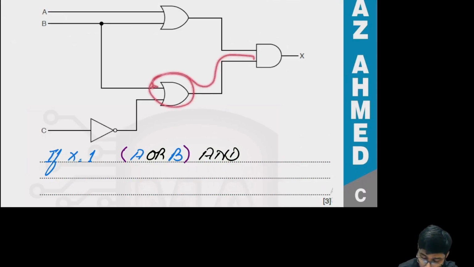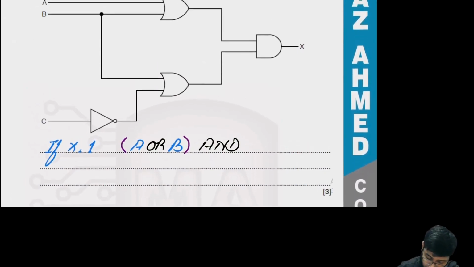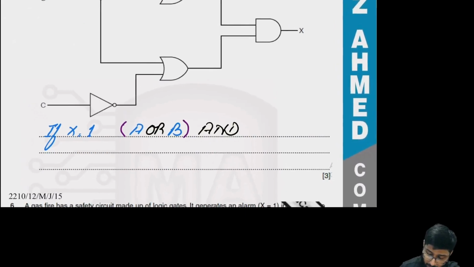Now we need to find out where the inputs for this OR gate are coming from. One is coming from B, you can see over here, and the other one is coming from C. No, it's not coming from C, it's coming from C naught.